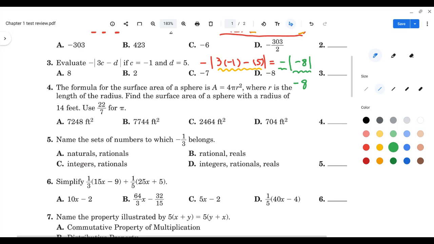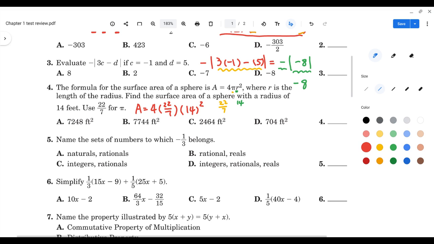So r is 14, and then pi is 22 over 7. I don't know why it says 3 over 17. Oh my gosh. Plug it in. A equals 4 times pi, 22 over 7, times r, which is 14, squared. Use calculator.